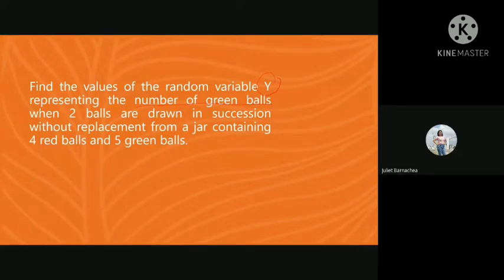We're asked to find the value of the random variable. What we did last time in finding the value of the variable is first to list the possible outcomes, and then the value of the random variable Y, the number of green.